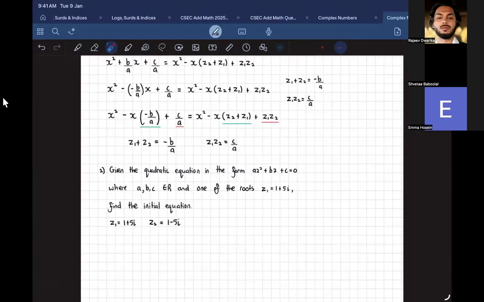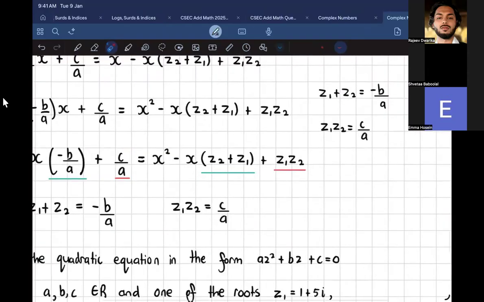Now, I chose to use x here and not z because I didn't want to make it look very complicated, like I didn't want it to have a bunch of z's. But you understand at this level, when you're dealing with complex numbers, it wouldn't be in terms of x. You wouldn't see x squared minus x times Z1 plus Z2. You would really see z squared.